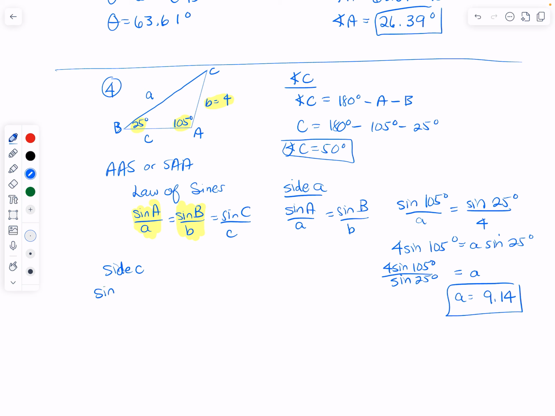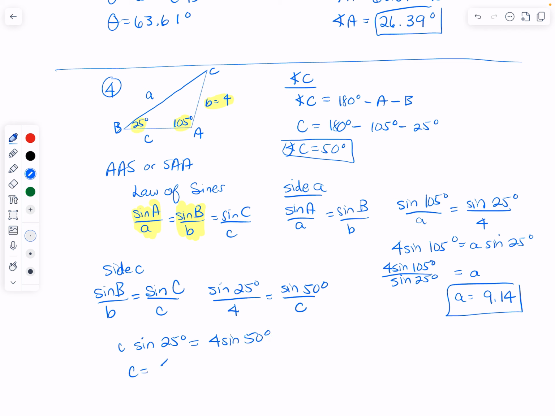So again, I'm going to use sine B over B because it was given to me right off the bat. And I'm going to set this equal to sine of C over side C. Okay, so sine of angle B, remember angle B was given as 25 degrees, over 4 equals sine of angle C. Now I found angle C to be 50 degrees, all over side C. So C times sine of 25 degrees equals 4 times sine of 50 degrees.